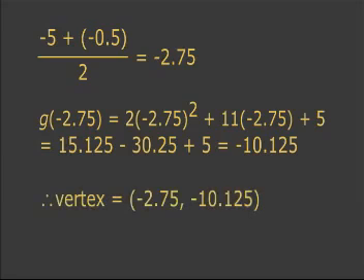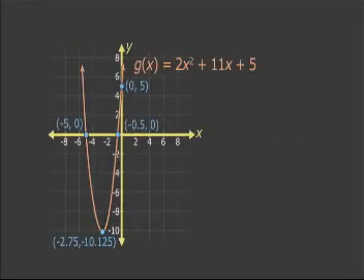Therefore, the vertex of the parabola is at (−2.75, −10.125). Here is the graph of the second function. Did you get the same answer, students? If so, you have done a great job.